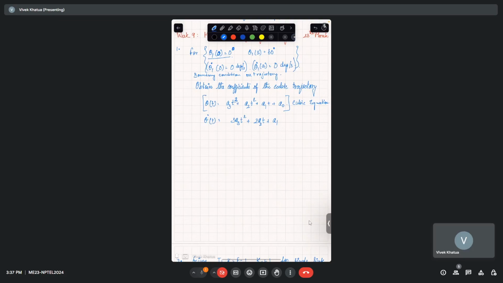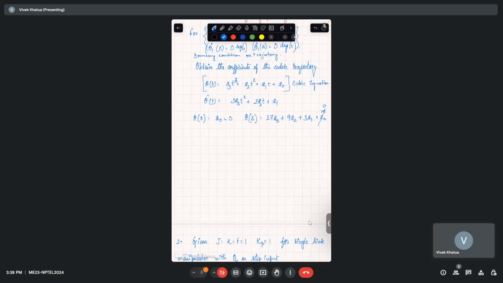So what would it be now if I have theta 0, right? So I'll get a naught, which is equal to 0. Now if I have theta 3, that will be 3 into 3, 9, 9 into 3, 27. 27 a3 plus 9 a2 plus 3 a1, right? Plus a0, which is 0, right?